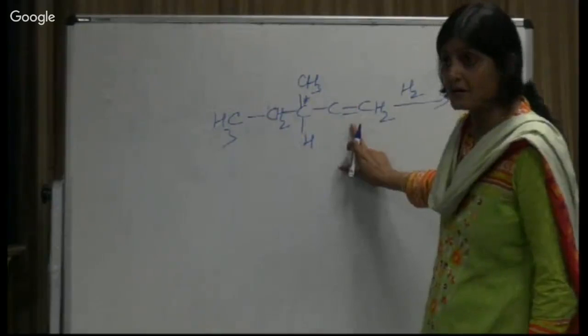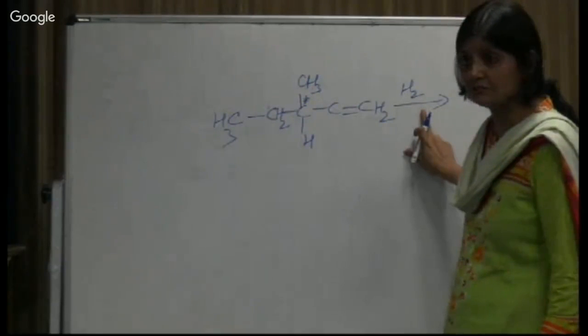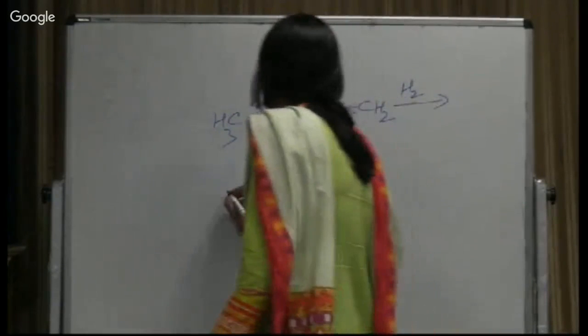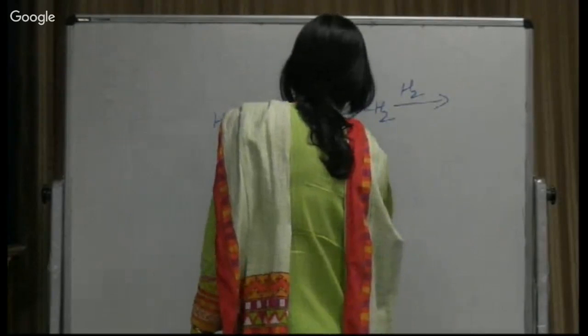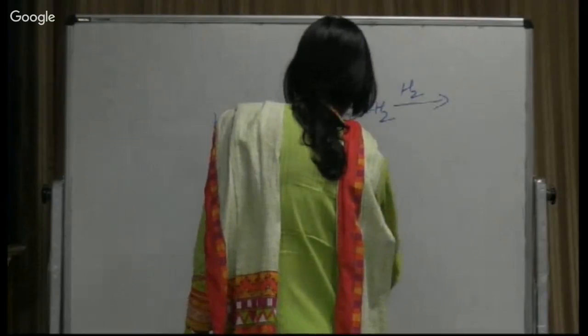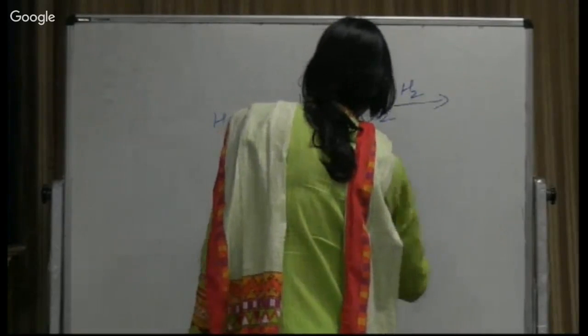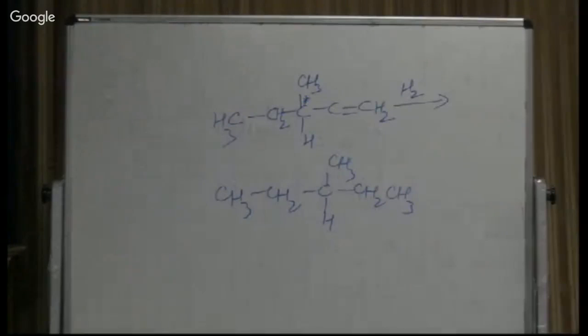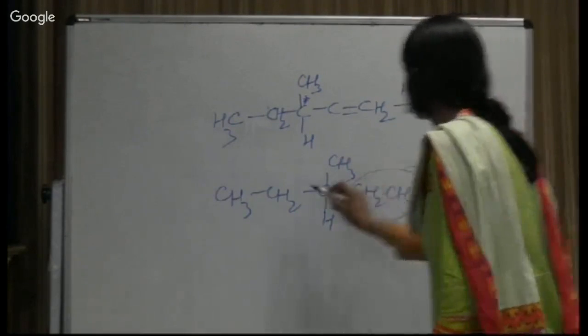ठीक है? Now when you do hydrogenation, what will happen? Will it still be chiral? Is it still chiral? It is not chiral now because there are two similar groups attached to it.